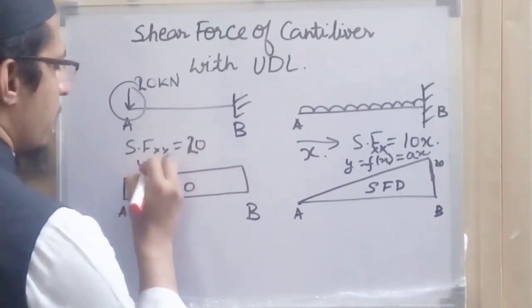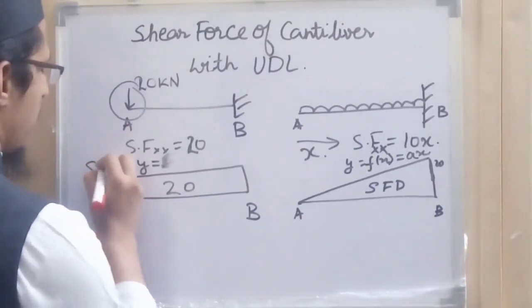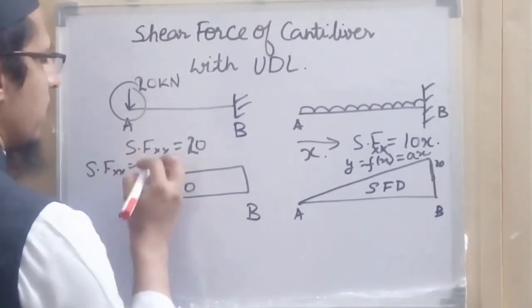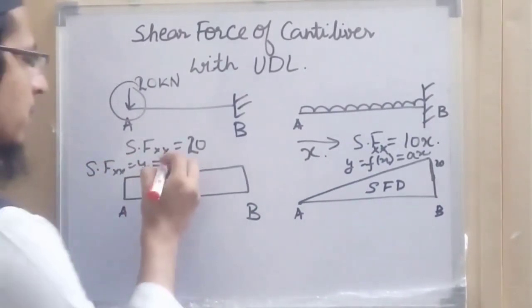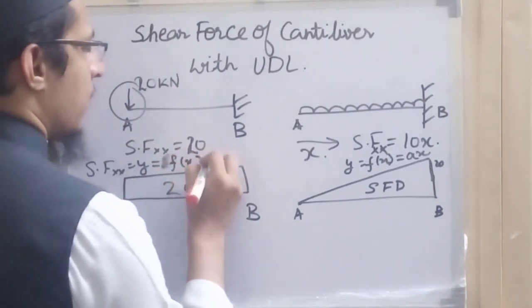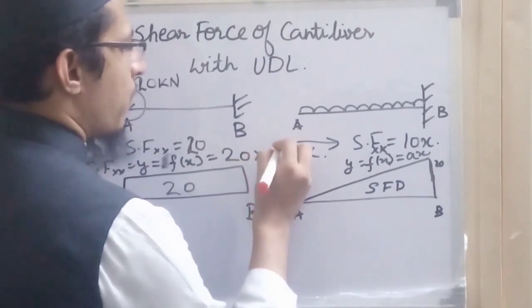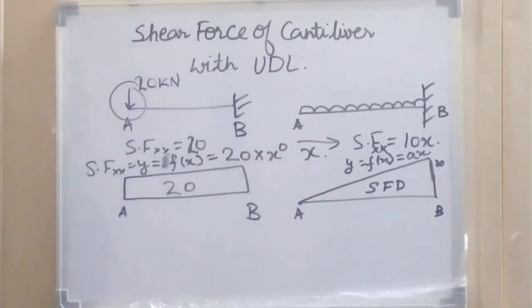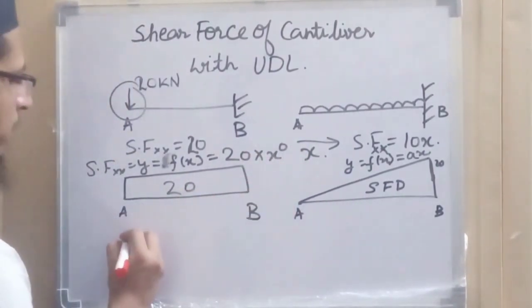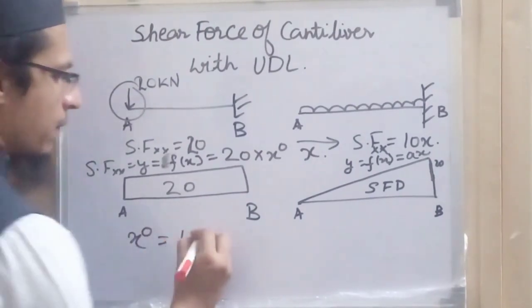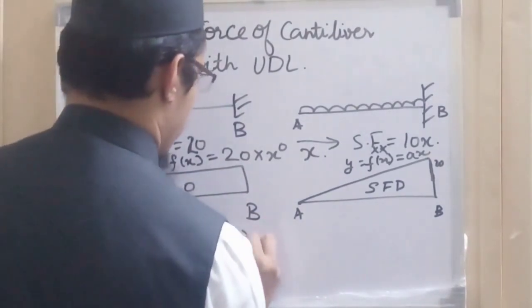If we write y, the shear force at xx, as a function of x, then it will be equal to 20 into x power 0. What is x power 0? X power 0 is 1 for x not equal to 0.